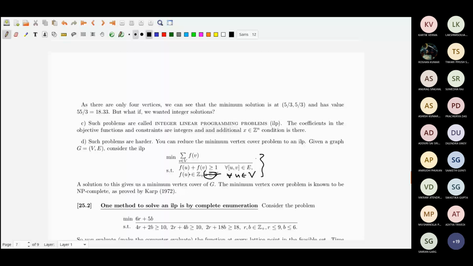So that's the vertex cover. On this vertex cover, every vertex you give 1, every other outside vertex you give 0. That will satisfy the condition, and the minimum value will be 3. That is the way of translating.